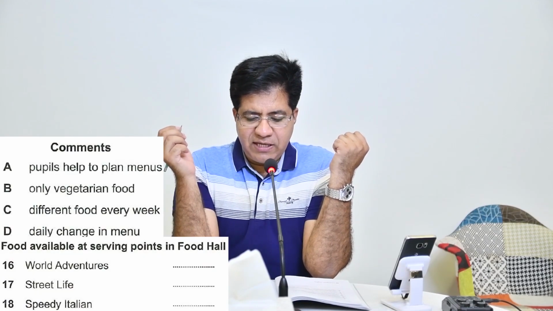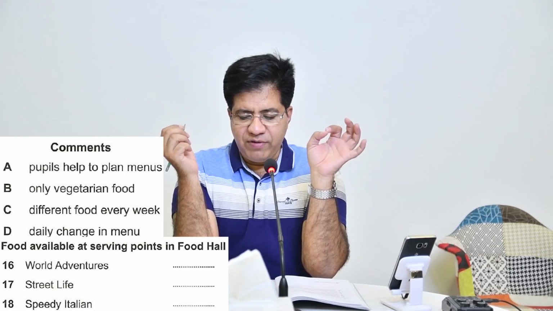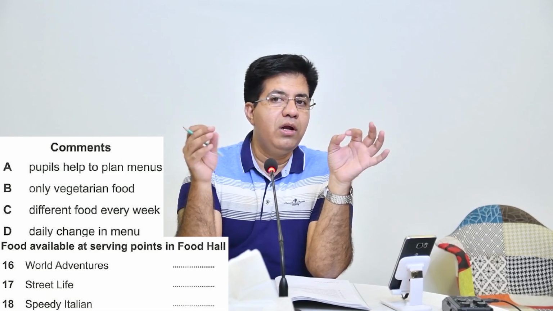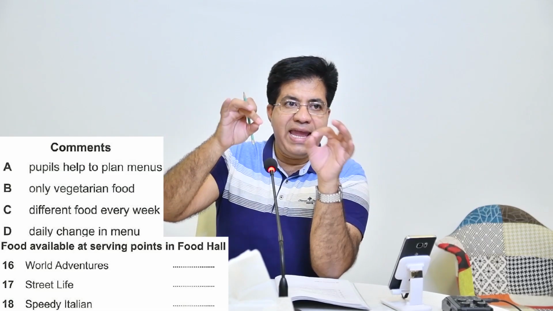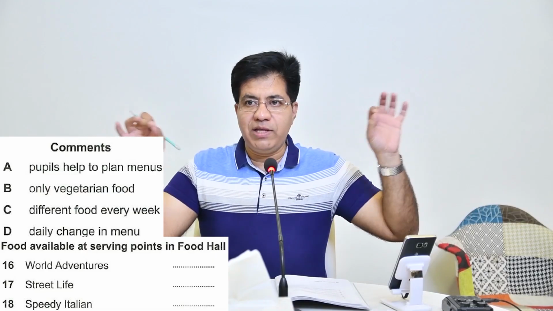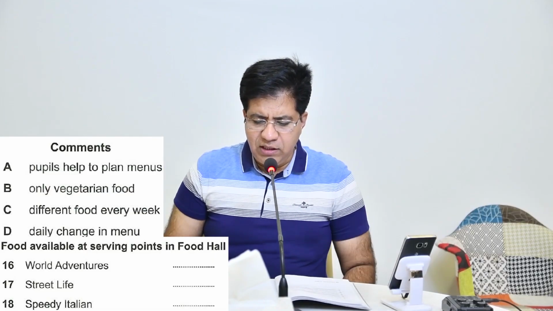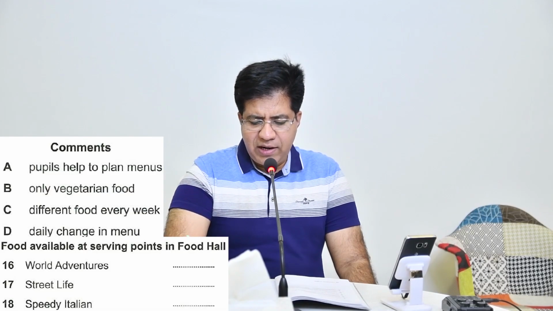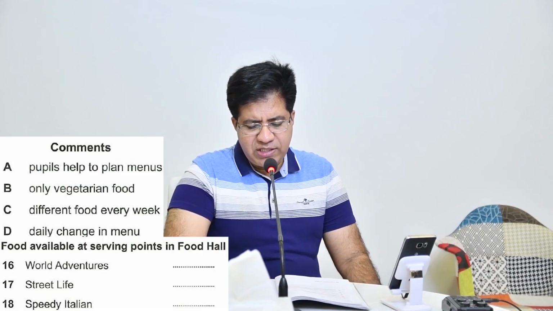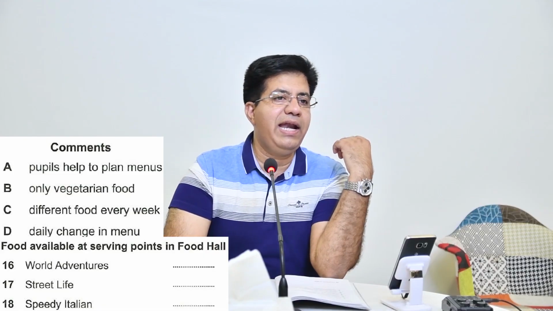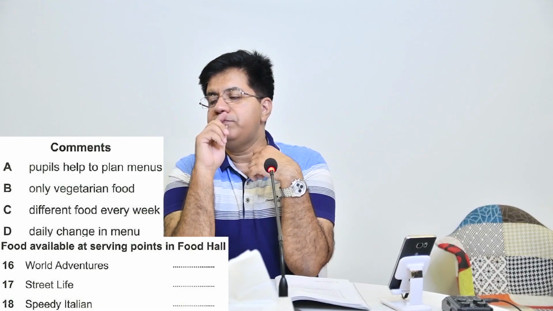Now, this is called matching, right? What comment does the speaker make about each of the following serving points in the food hall? Serving points and comments, you're going to match them, right? Don't worry, we'll do it all together. Comments are A, B, C, D, and serving points are 16, 17, and 18. Now, listen.